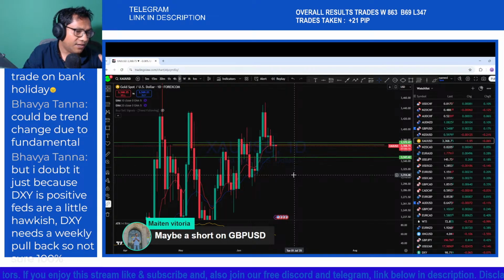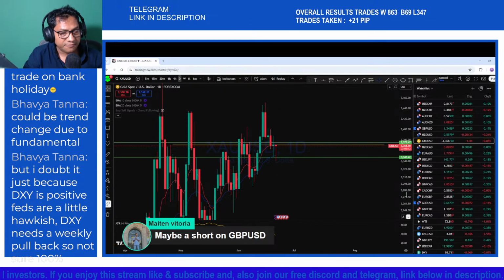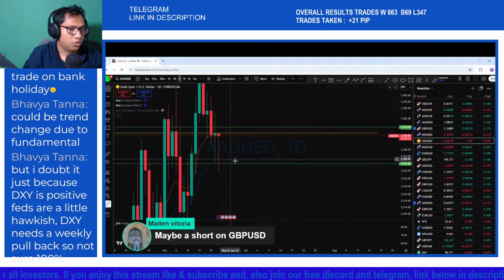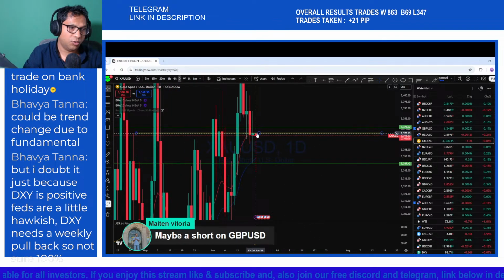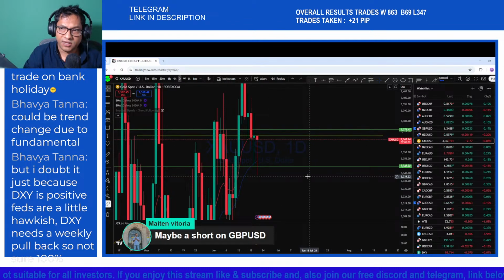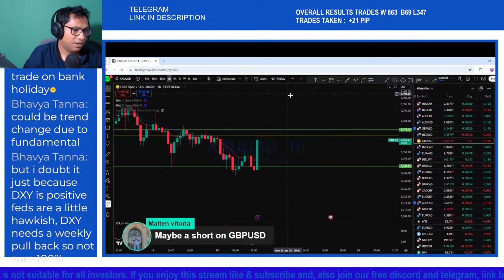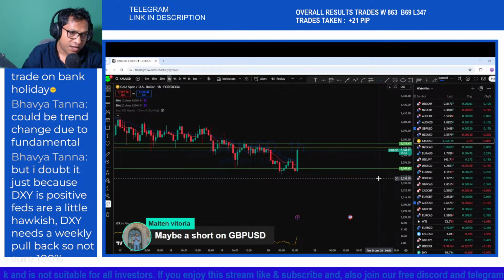Now that market was a falling market, and it could be a change of trend, or it might just retest the daily high and come back down again, depending on how the market is closing here.